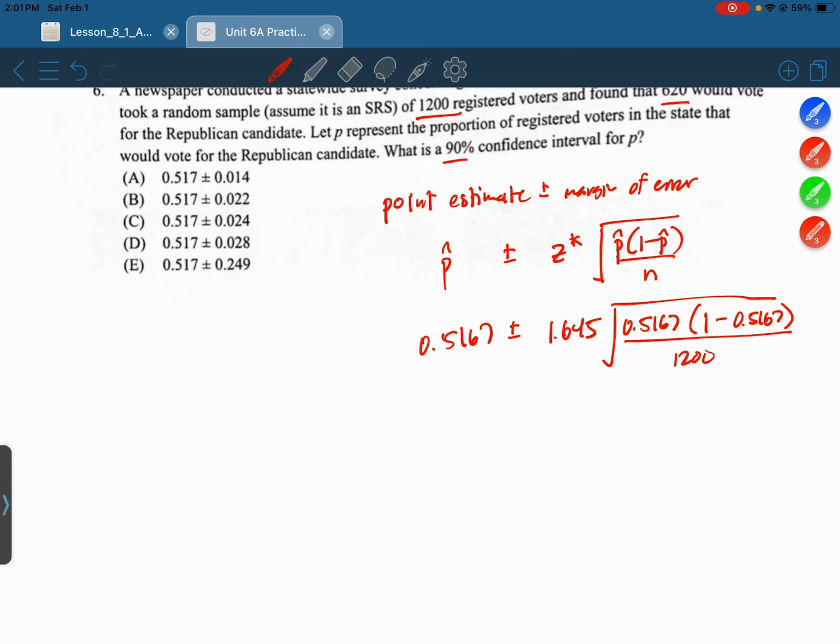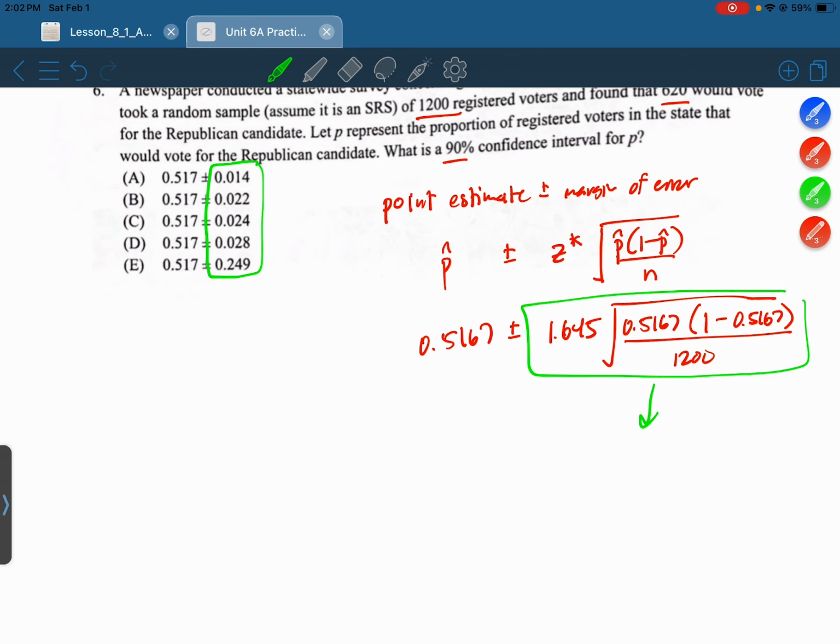Actually, no. Looking at the answer choices, we don't have to actually find the endpoints of the interval. We already have the point estimate, so it looks like they rounded to 3 decimal places, not 4 like I did. We just have to figure out what the margin of error is. We'll use our calculator to simplify that part: 1.645 times the square root of 0.5167 times (1 minus 0.5167) over 1,200.